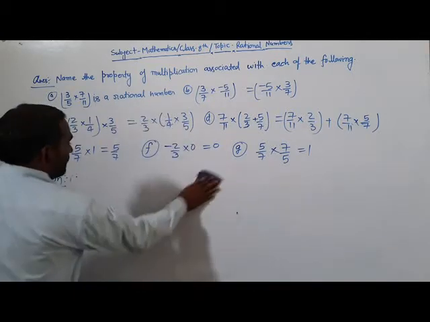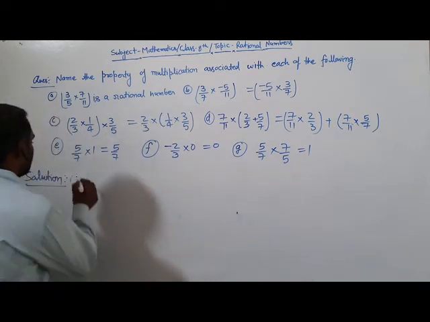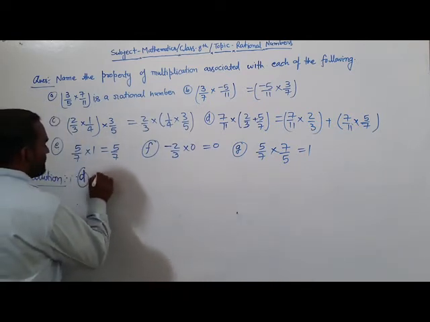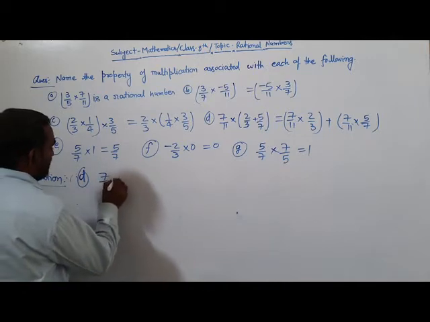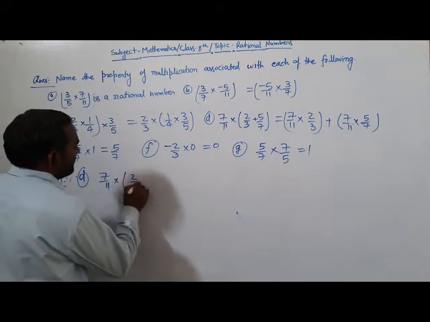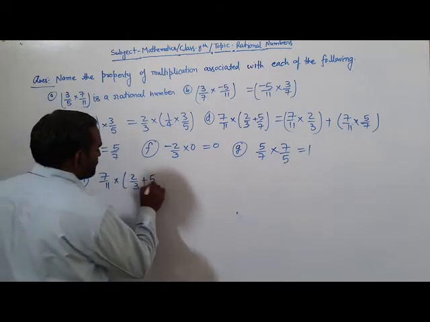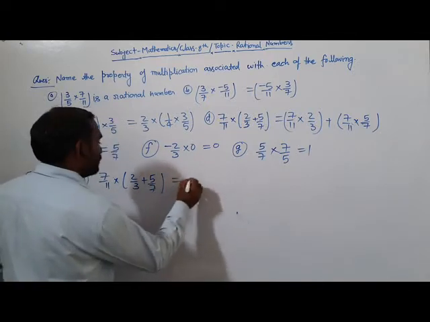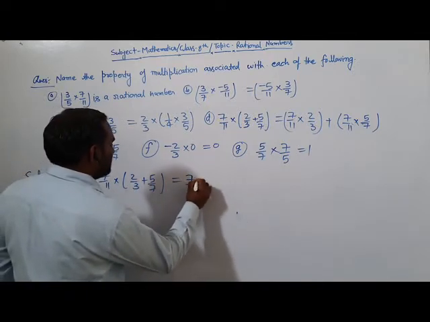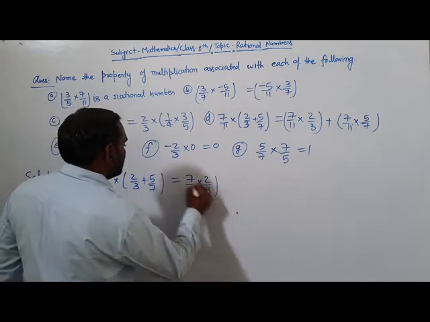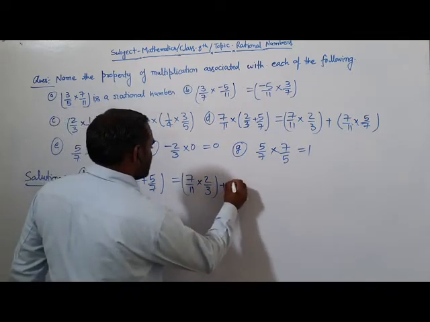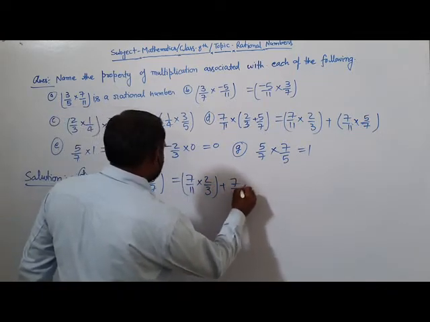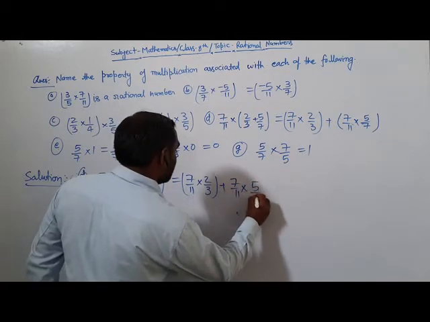Take option D. 7 by 11 into 2 by 3 plus 5 by 7 is equal to 7 by 11 into 2 by 3 plus 7 by 11 into 5 by 7.